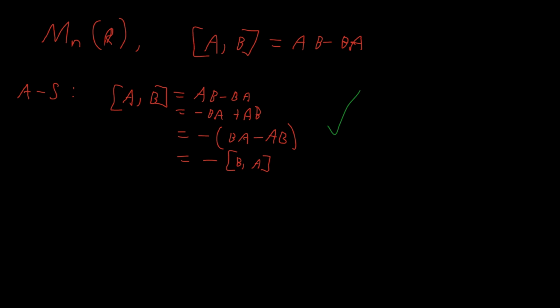So now, let's change up the colors a little bit. Now we want the Jacobi identity. This can be a little bit more tricky, but let's say we have three elements, A, B, and C. You can use X, Y, Z if you prefer, but this is more natural to me.